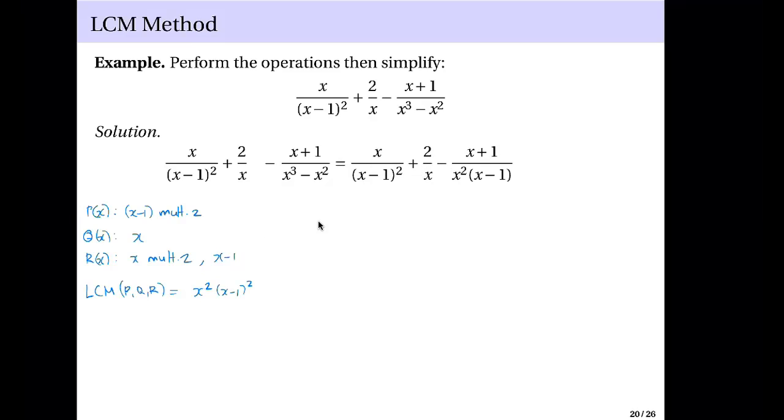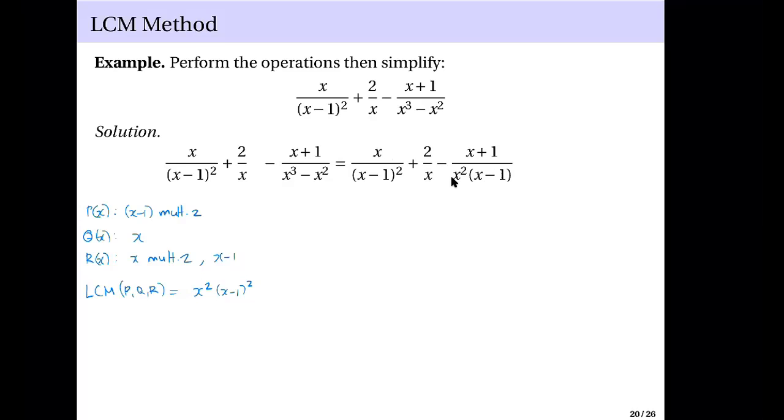So we insert the x squared here, and of course, we put x squared above. For this one, you have x. What are we missing? We are missing one of the x's because the LCD has x squared. So we have to put 1 x, and we have to put (x minus 1) squared because it's also missing there.